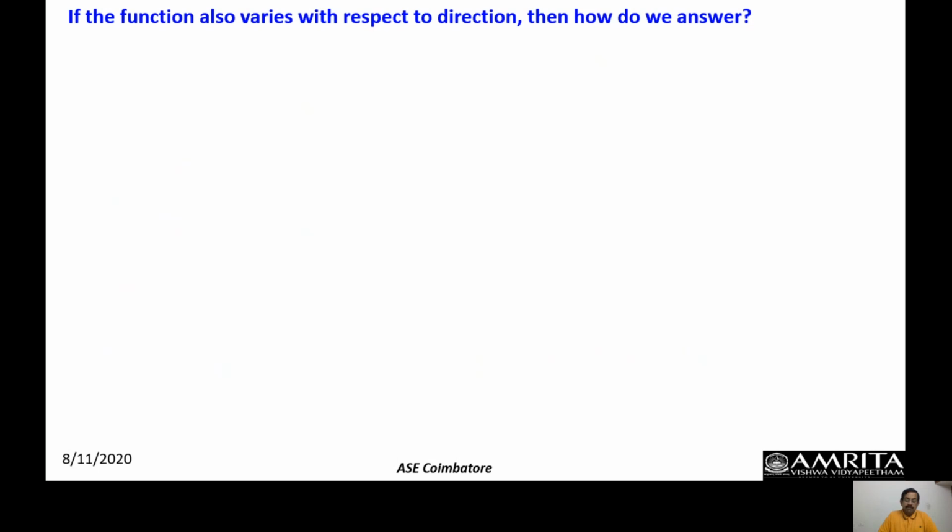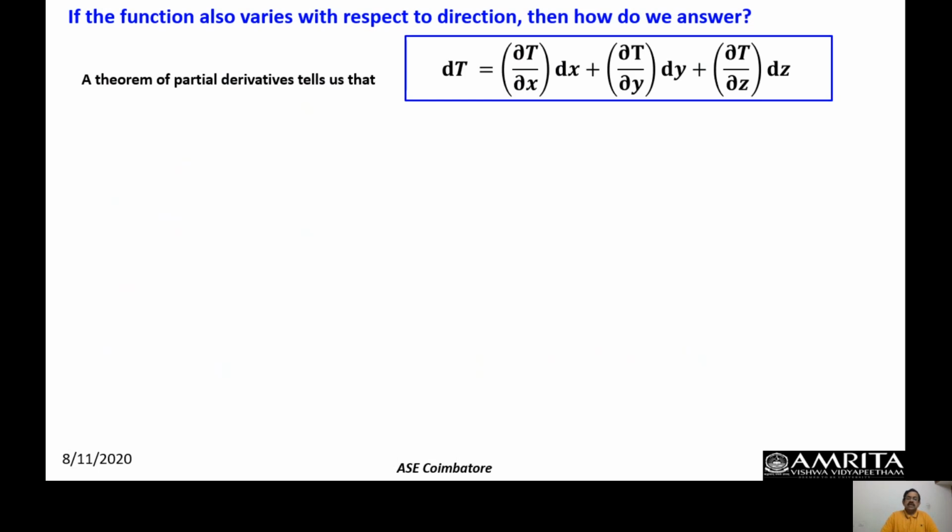The appearance of this problem being complex will be shattered by invoking the theorem of partial derivatives, as shown here. The theorem tells us that, for example, I am talking about temperature T, which is a scalar function.